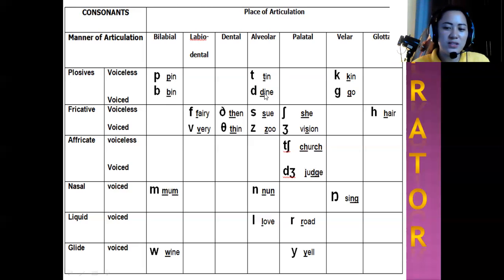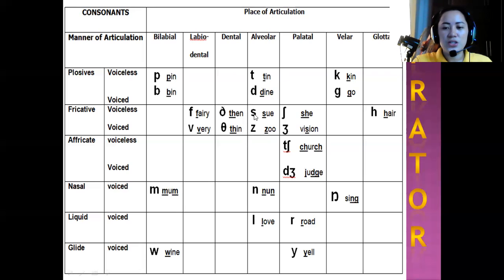Some would pronounce it differently, but that's not right. That's t, d, like in the words tin, dine. Next we have still the alveolar, where the place of articulation is the alveolar ridge.